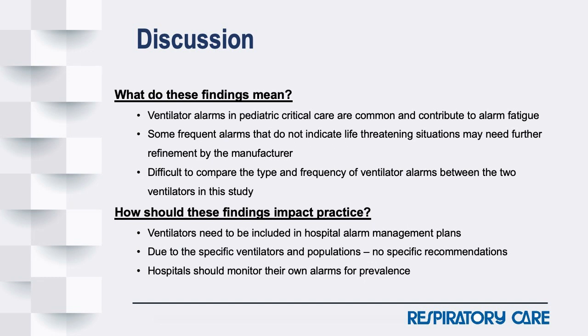Really due to the specific types of ventilators in this specific pediatric population, you probably can't make many recommendations from this study for lots of hospitals across the country. But you probably should learn that hospitals should monitor their ventilator alarms for prevalence and for the types of alarms that are most frequent. If you have the ability to monitor, you probably should.